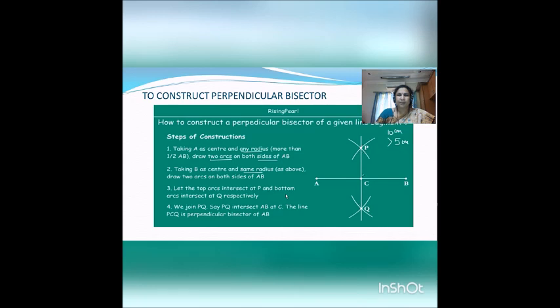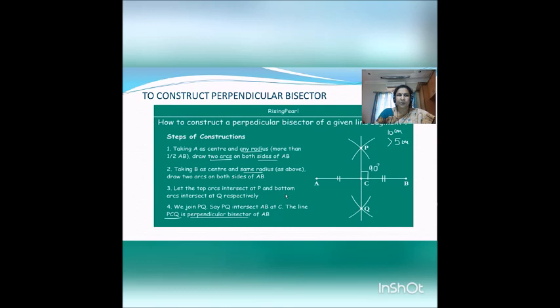So now angle PCB is 90 degrees and segment AC is congruent to segment BC. That is the perpendicular bisector. See, AC is congruent to BC and PCB is a 90 degree angle.